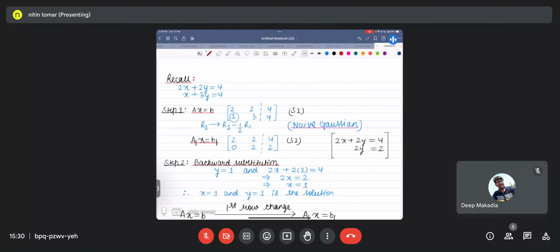Let us do it step by step. We have studied row operations, and we know row operation is helpful in solving a linear system. Now my question is, why are we not considering column operations? Or can we consider them?